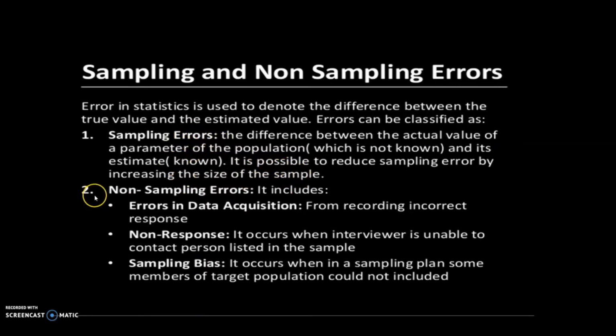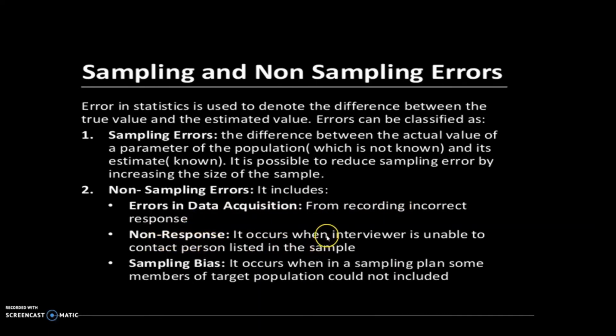Okay. Then second one is non-sampling error. It includes errors in data acquisition, non-response, sampling bias, etc. So first one, errors in data acquisition. It means recording incorrect response. Then non-response.